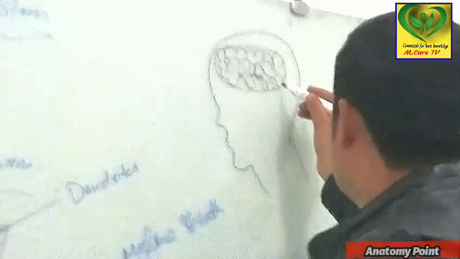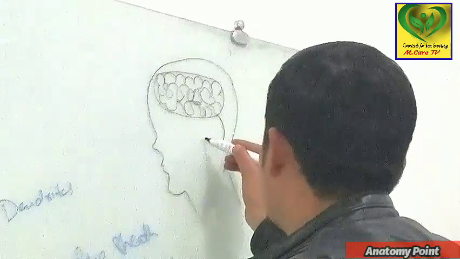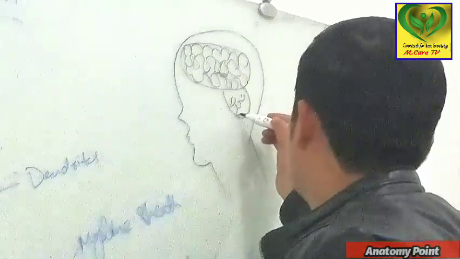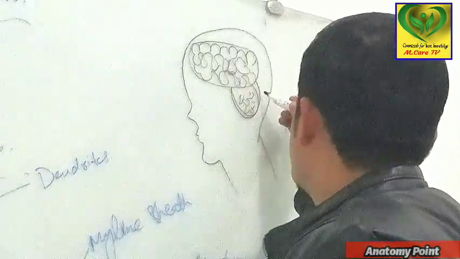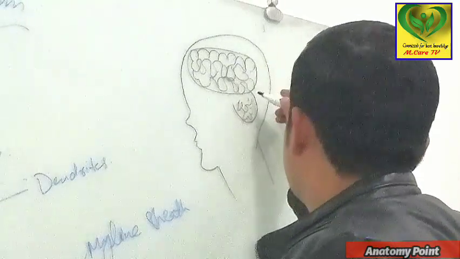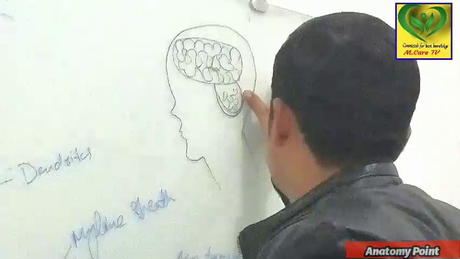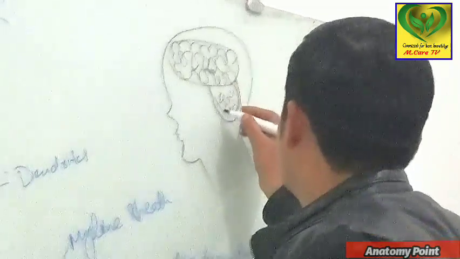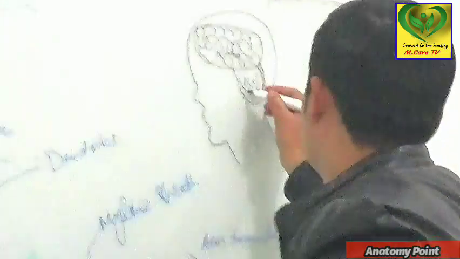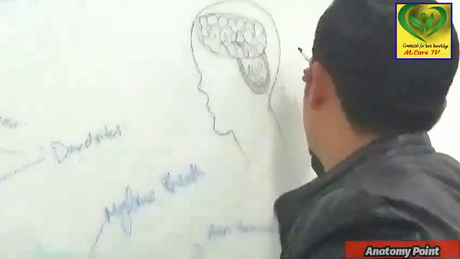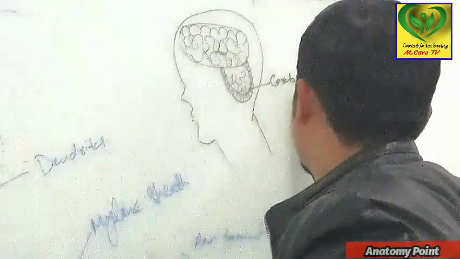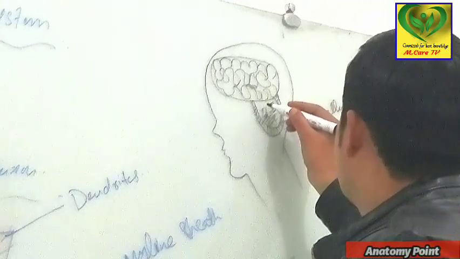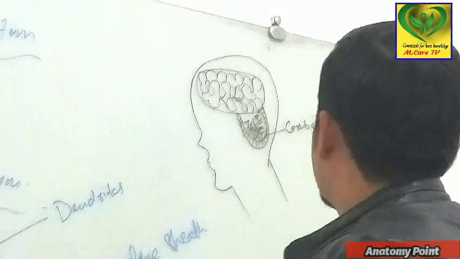Here there is another big part of the brain which lies posterior to it, which is called the cerebellum.